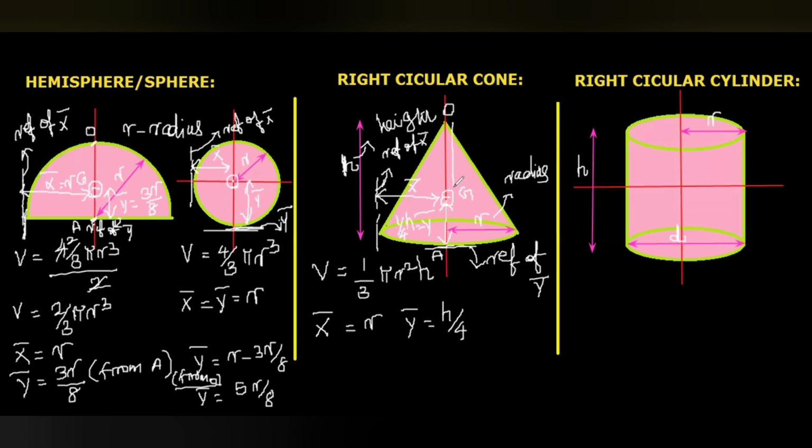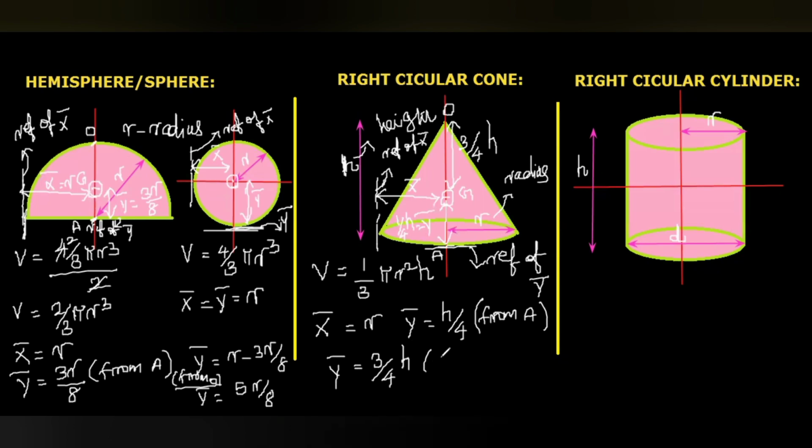Or from point O, it will be 3 by 4 h. Okay, but actually y bar we have to take from A. So for this geometry, h by 4 is from the point A. In case you want to measure from the point O, that will be 3 by 4 h from the point O.